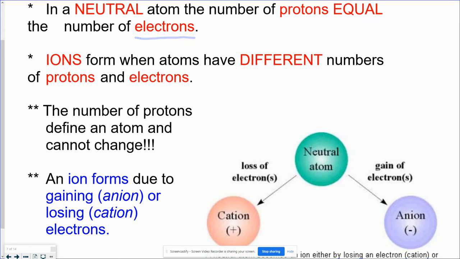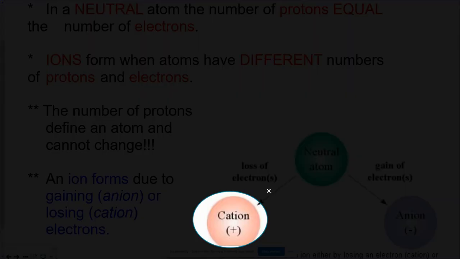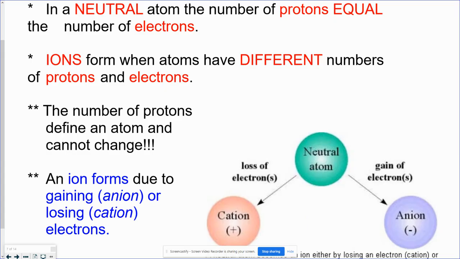So in order to be a cation, you have to lose electrons, meaning a cation has more protons. So protons are greater than electrons.